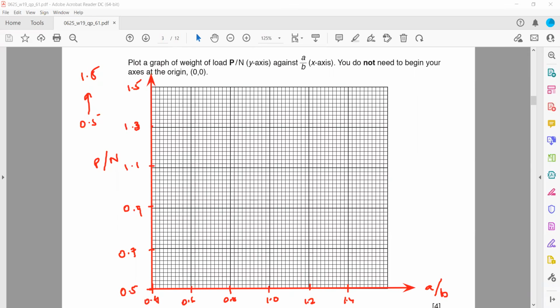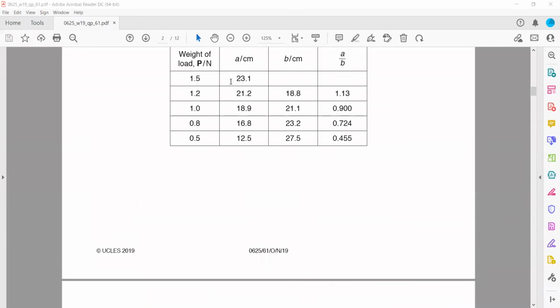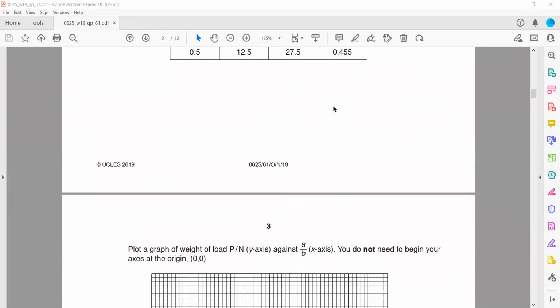So first we select the scale. As I mentioned, try to extend your scale. Try to use more than 70% of your graph paper. So after having the scale, now we check the values. When the load is 1.5, A over B is 1.37.